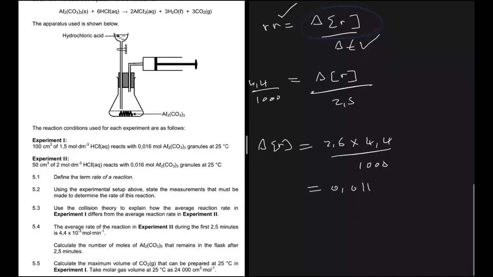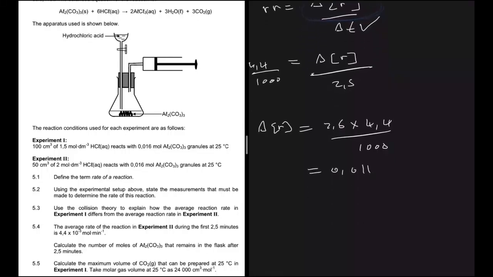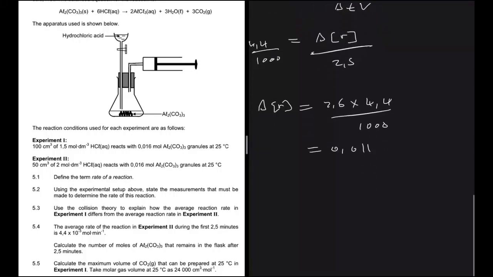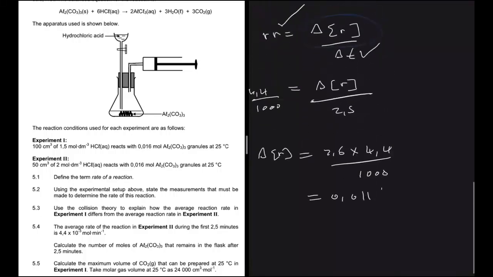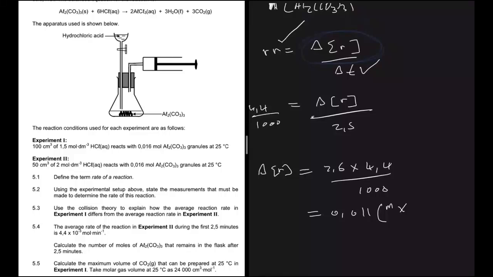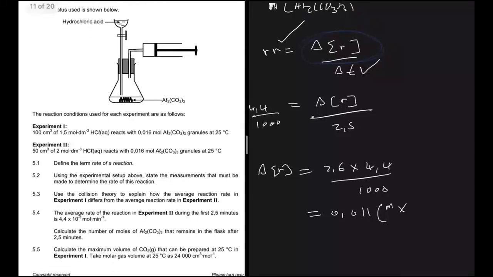That is giving me 0.011. So what's the SI unit now? We know that 2.5 is in minutes, right? And it's been multiplied by the reaction rate, which is in moles per minute, right? So the minute and the minutes cancel out.